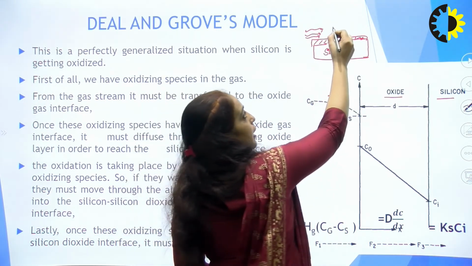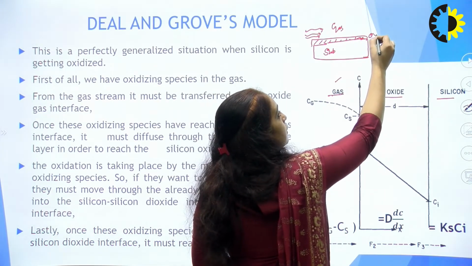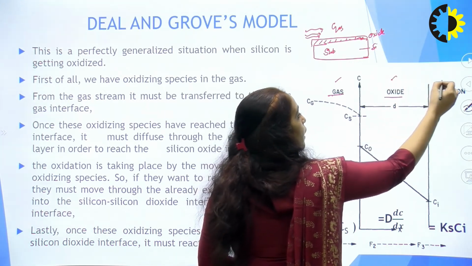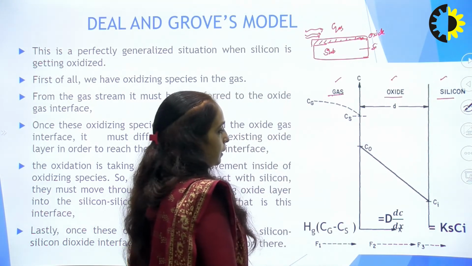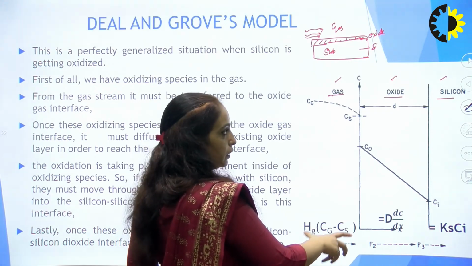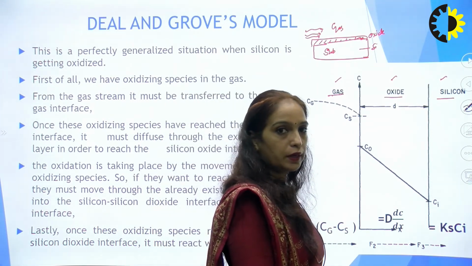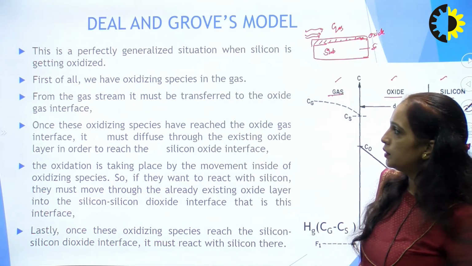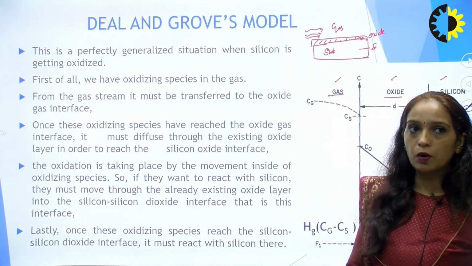So we have the gas region, oxide and silicon. In this case, we have three flux values, showing how species are transferred from one point to another. This is a perfectly generalized situation when your silicon is getting oxidized.